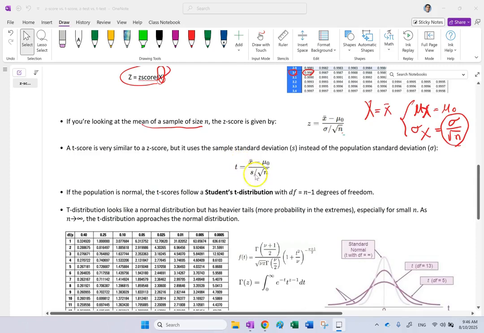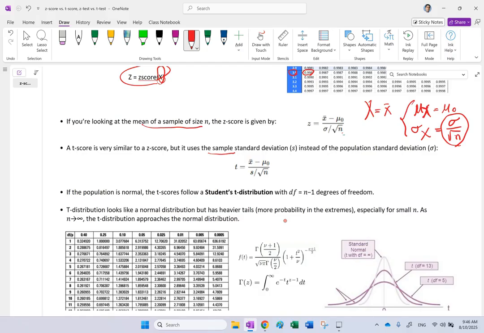Now, what is t-score? T-score is very, very similar to a z-score. Use it for a sample. The problem is, this time, you don't know the standard deviation of the population. All you can do is to replace it by the estimate, which is the standard deviation of the sample.